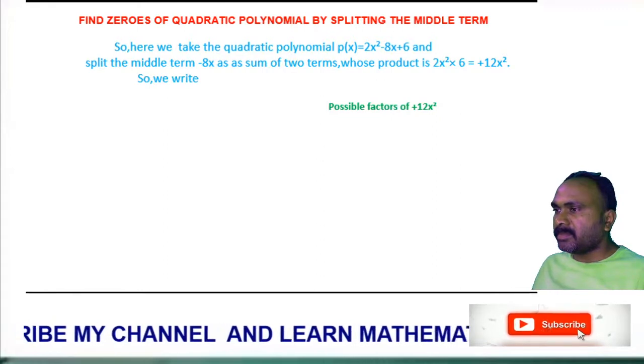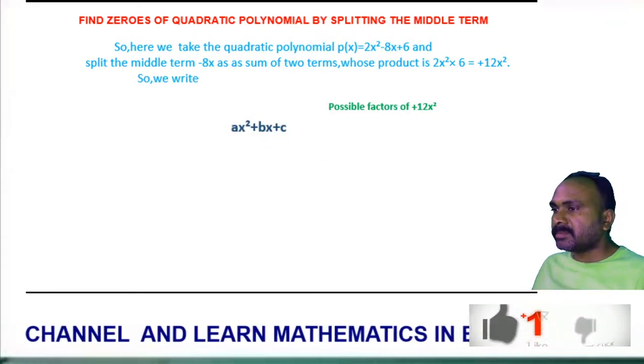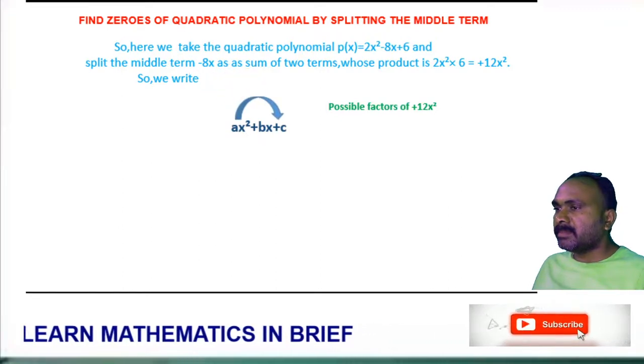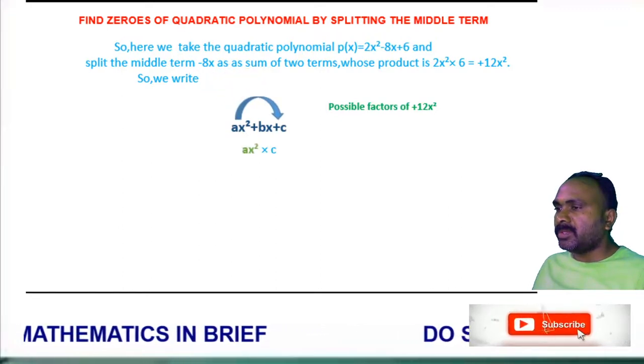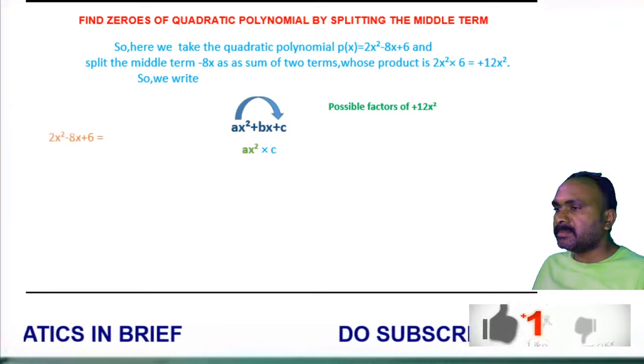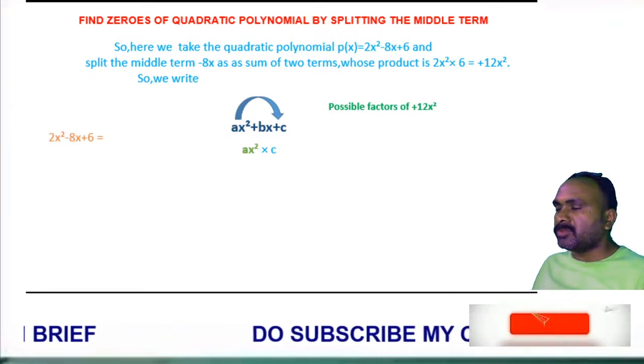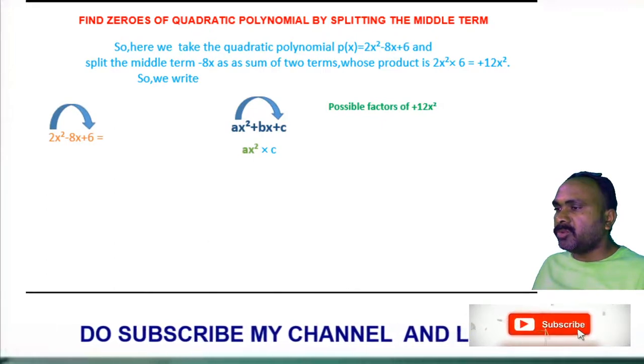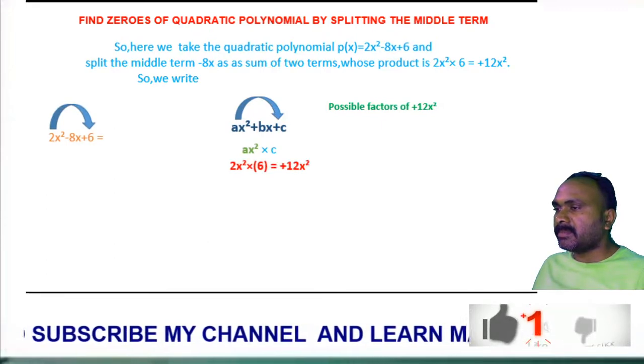So we write ax square plus bx plus c, ax square into c. 2x square minus 8x plus 6, then 2x square into plus 6 equals plus 12x square.